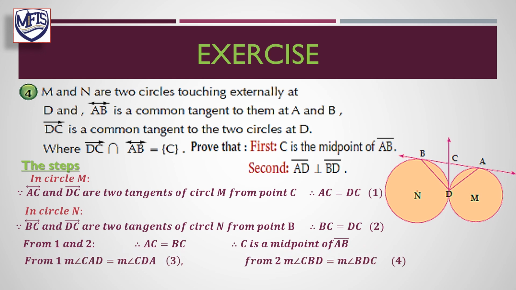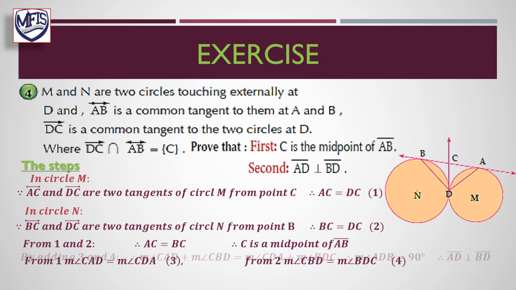The second required, from equation number 1, AC equals DC. Therefore, measure angle CAD equals measure angle CDA. This is number 3. And from 2, BC equals DC. Therefore, measure angle CBD equals measure angle BDC. This is number 4.